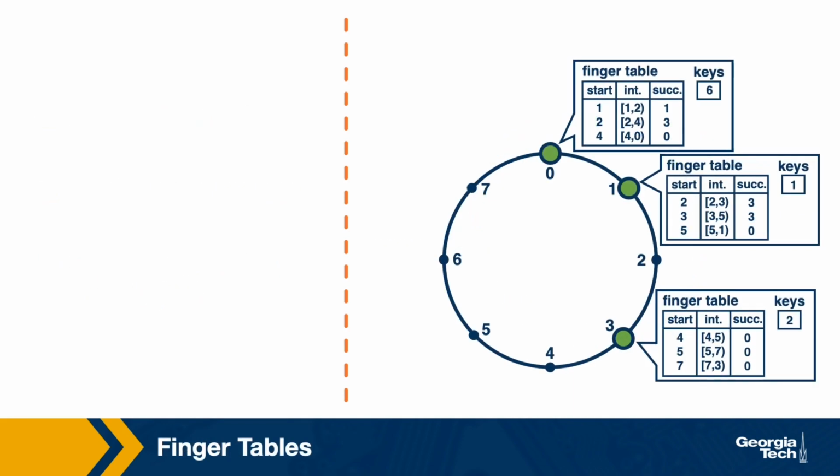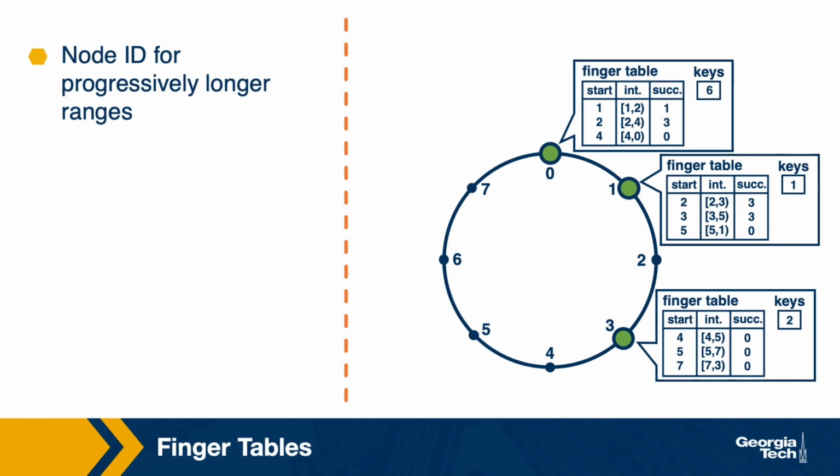To improve the lookup time, Chord maintains so-called finger tables. Each of the nodes in the system maintains information about the known nodes that serve a particular key range. The entries in the finger table are organized as follows.